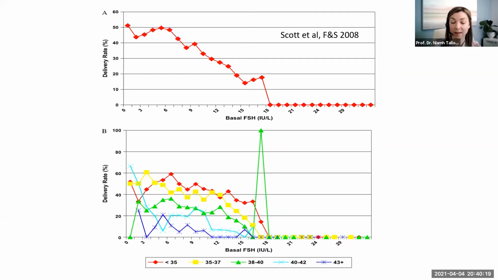And I have many, many patients who achieve pregnancy and ongoing pregnancy with FSH values of 15. But of course, the value with a test like this is really giving them counseling and ensuring that they are aware of what they're getting into in terms of a lower yield, a lower expectation from one single given IVF cycle.